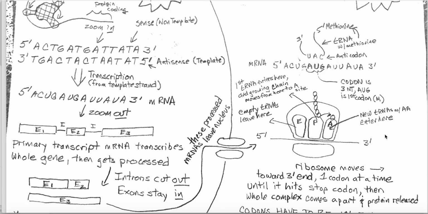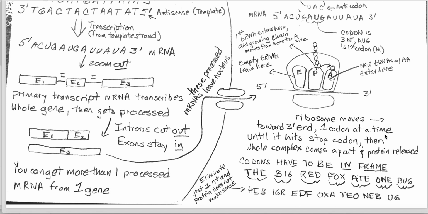And it keeps on chugging along like that toward the 3' end, 1 codon at a time, until it hits what's called a stop codon. And the stop codon codes for the ribosome to stop making protein instead of 1 more amino acid. Instead it says stop making this protein.